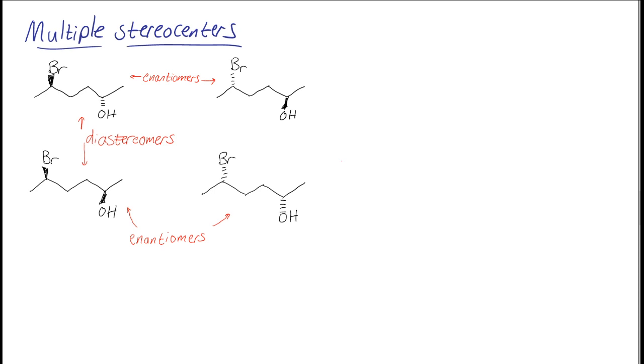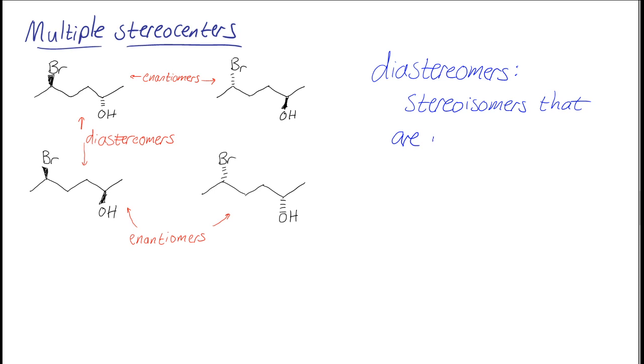Okay, so diastereomers are stereoisomers that are not enantiomers. Stereoisomers is every kind of isomer that only differs by the orientation in space.